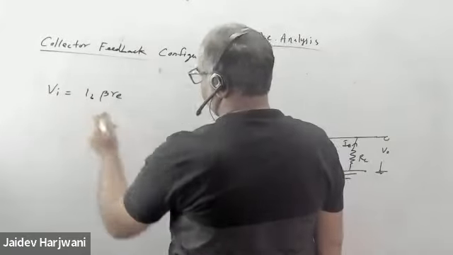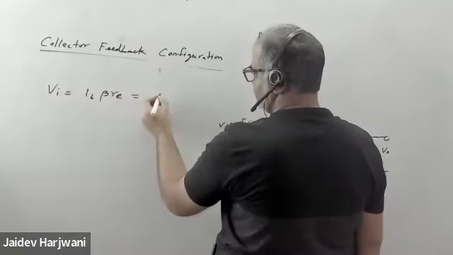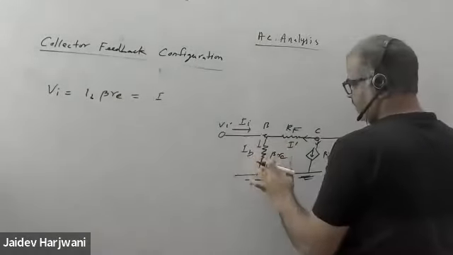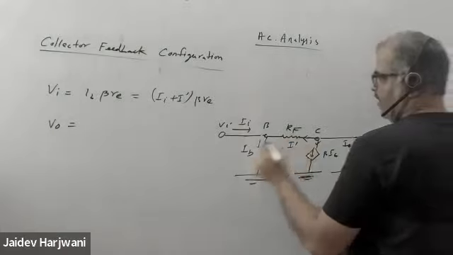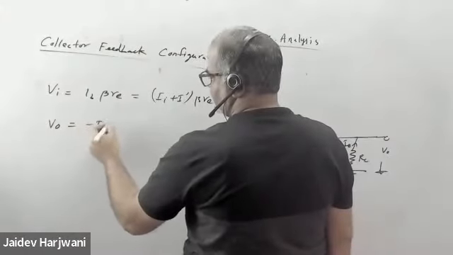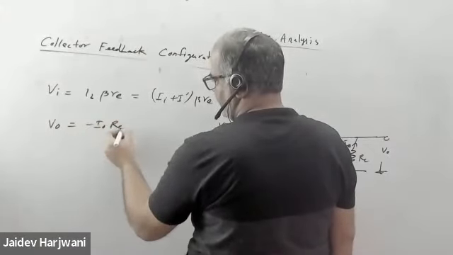So remember, V input is IB, which is the sum of I plus I dash, times beta RE. And if I want V naught, V naught is simply minus I naught RC.